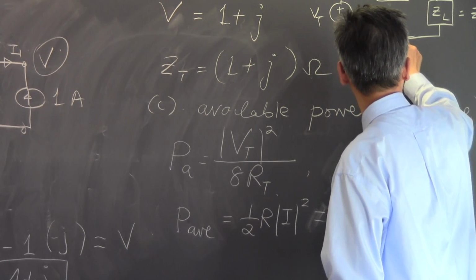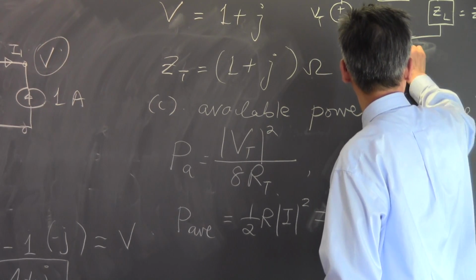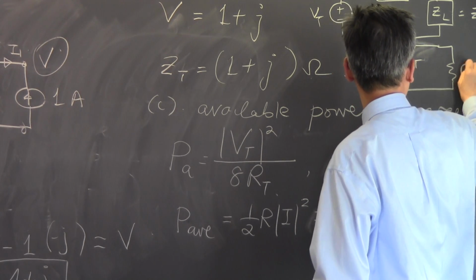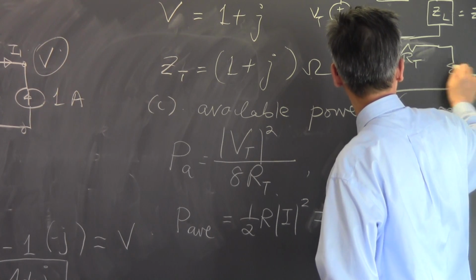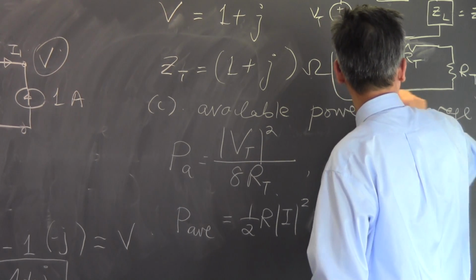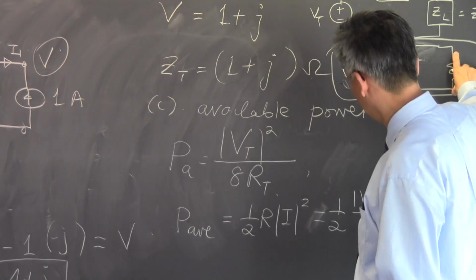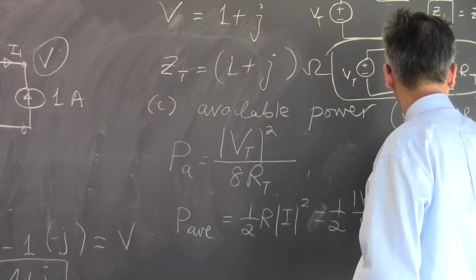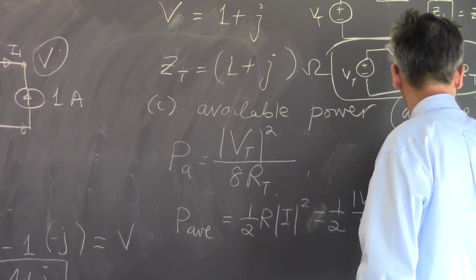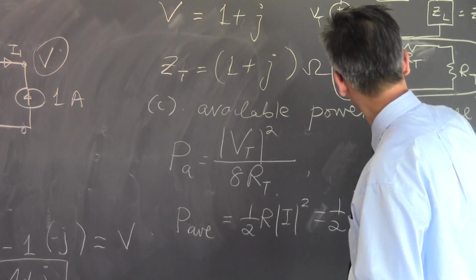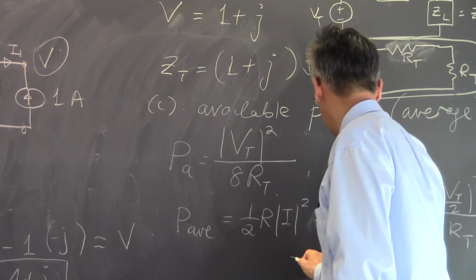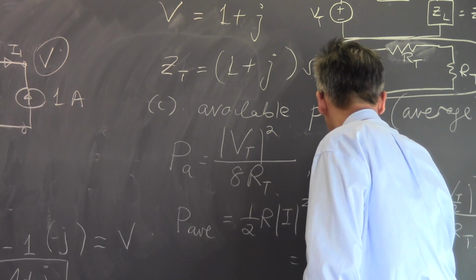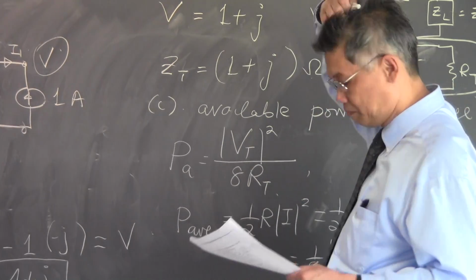The equivalent circuit that you have is just RT and then you have VT. If you look at this circuit by the voltage divider formula, then this is equal to half of VT over 2 squared over RT. If you apply this formula, this will be just 1/8 VT squared over RT. Which is that formula that you have.